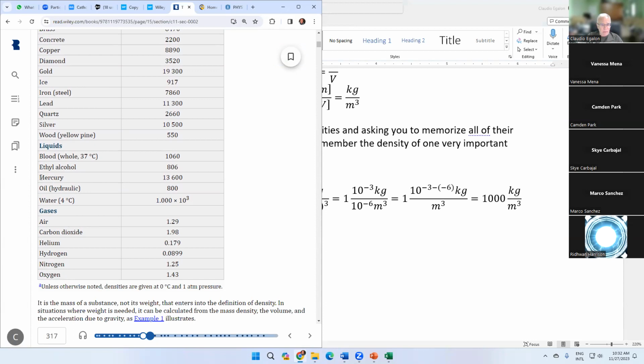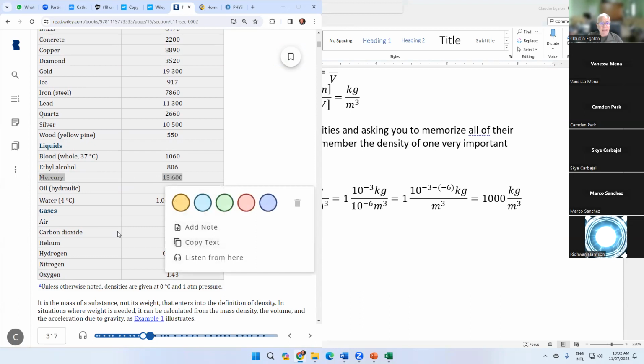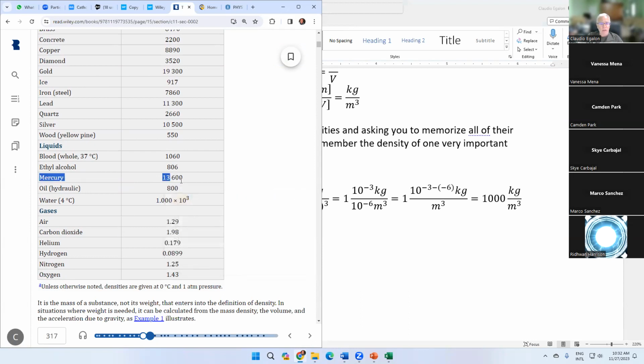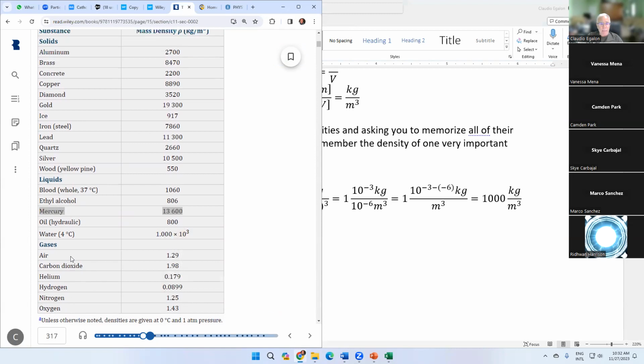In the case of liquids, liquid mercury has a very high density, 13.6 times the density of water. And by the way, the density of liquid mercury is higher than the density of many of the solids out there. You see that? The only one is gold, right? Gold has a higher density than liquid mercury.